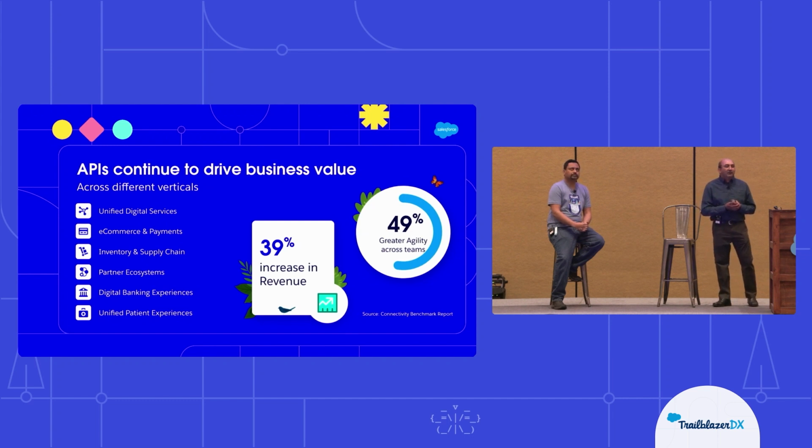Recently, in our connectivity benchmark report that we just did, we got some interesting results. 39% of the respondents indicated that they see use of APIs helps them increase revenue. And 49% indicated that it actually helped them with greater agility.